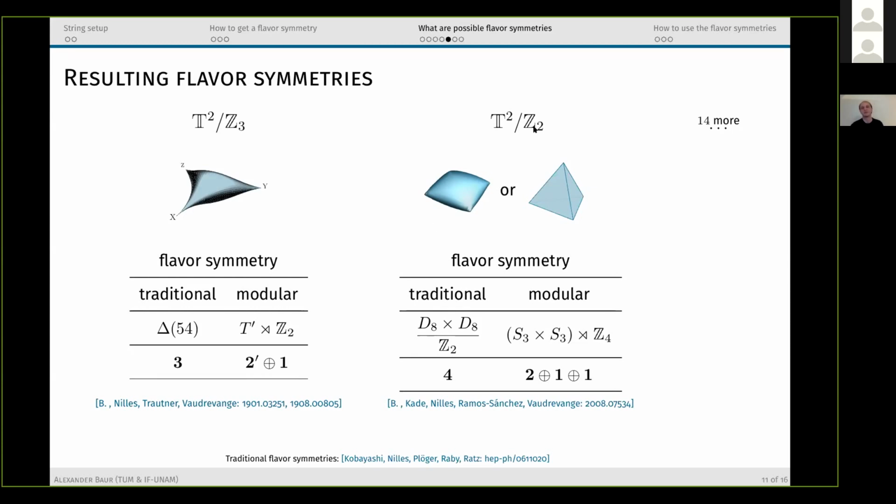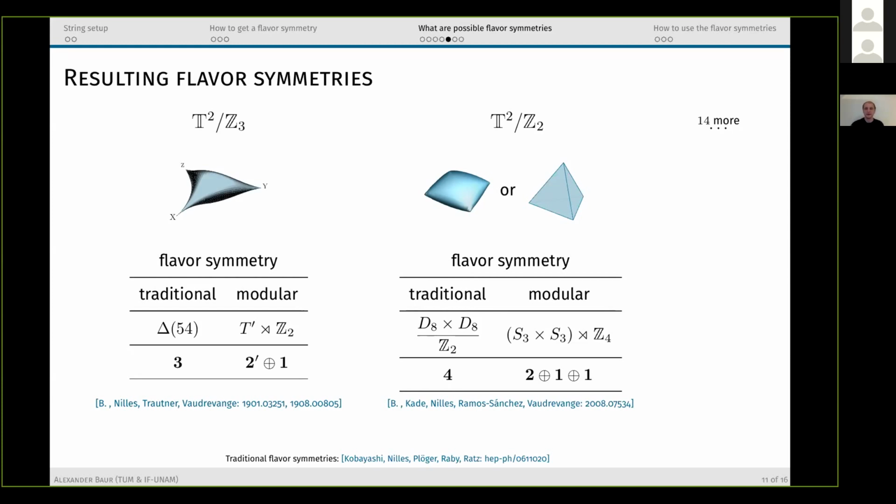And for the Z2 orbifold, we find a four-dimensional irreducible representation, but there's still a lot you can do, like turning on Wilson lines, or even considering six-dimensional orbifolds, if you want to do a realistic scenario.